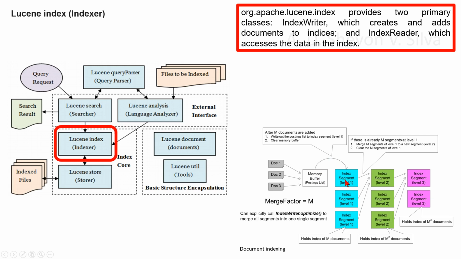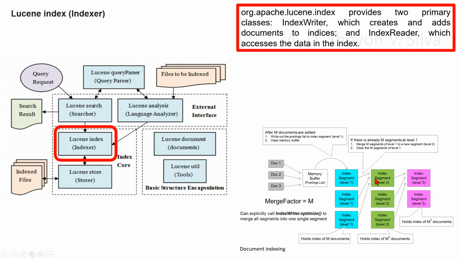Here the memory buffer is connected to the index segment, level 1, and index segments of level 1 are connected to index segments of level 2. If there are already m segments at level 1, step 1: merge the m segments of level 1 into a new segment of level 2 and clear the m segments of level 1.